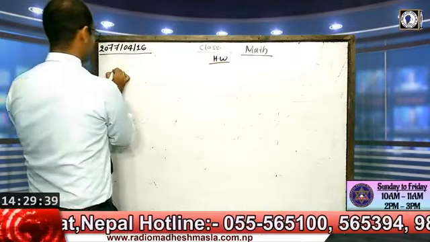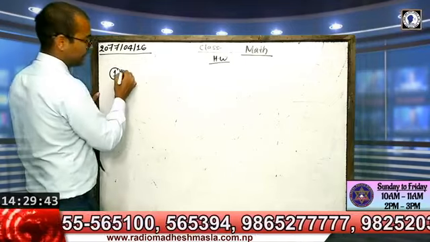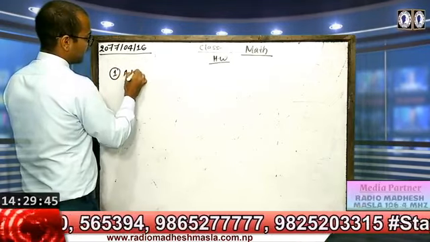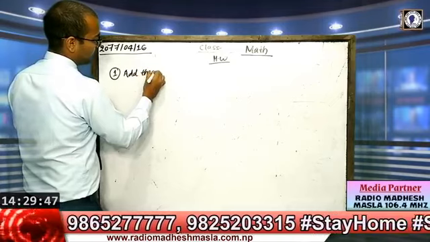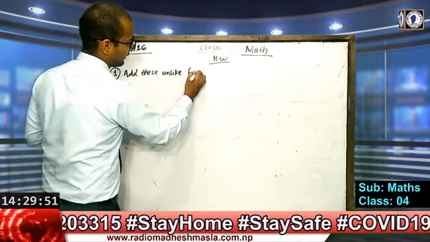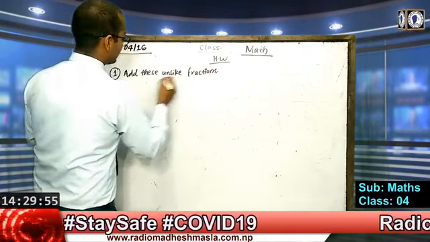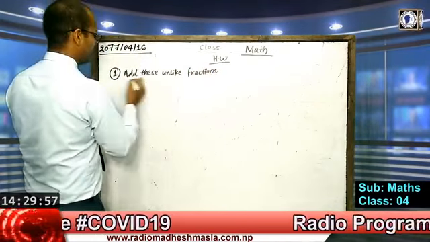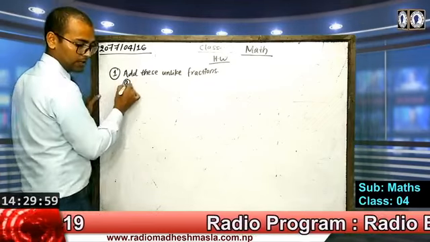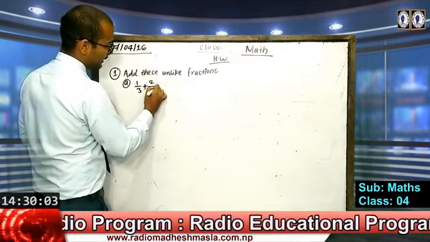Homework question number 1: add these unlike fractions. In question A, you are given 1 by 3 plus 2 by 9.